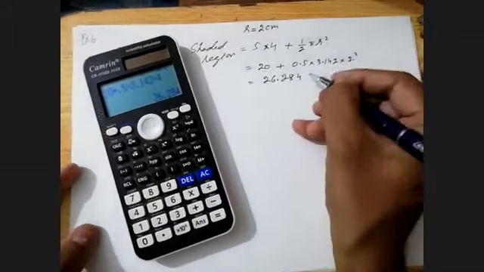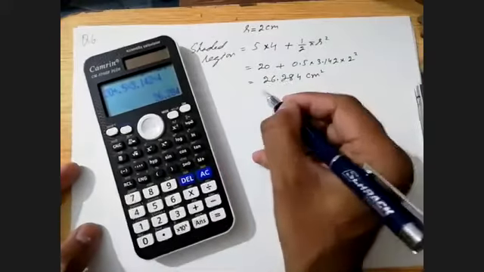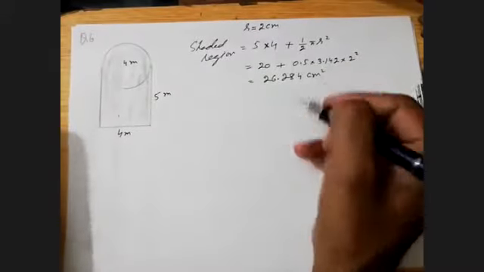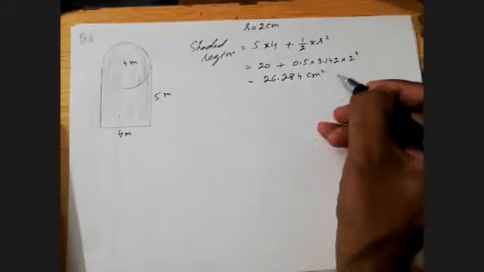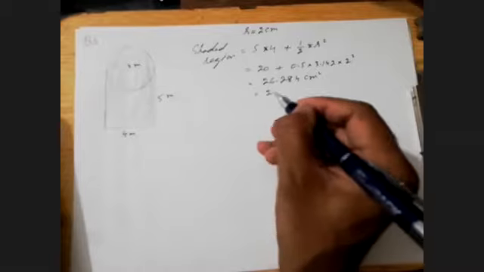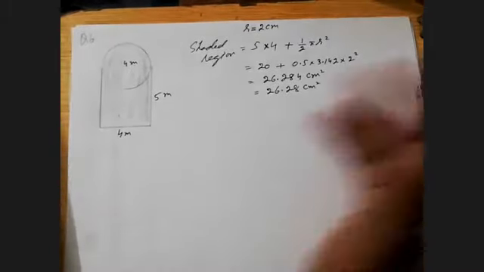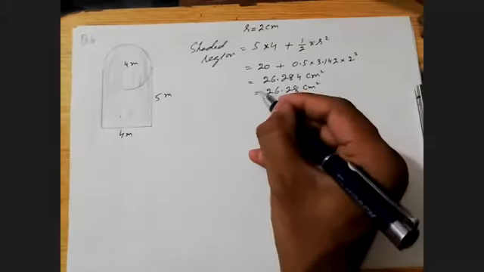He has not given us the decimal places, so we can round it to 26.28. Okay, so you can also write it. You will have to see that sometimes the examiner asks for significant figures or decimal places, so you will have to check that.